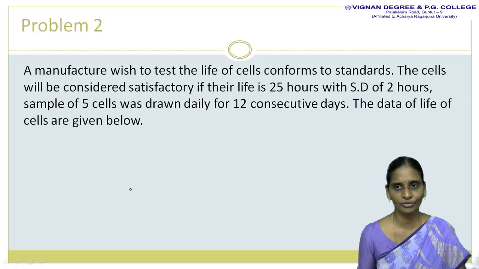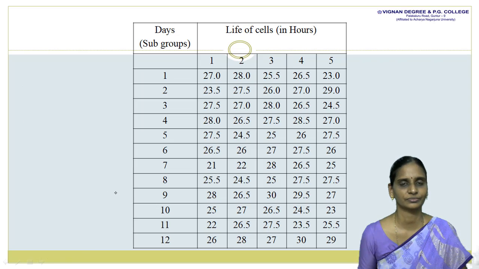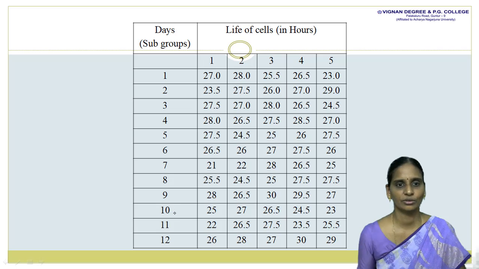The data of life of cells are given below. So this is the given data for 12 days. In each day they are collecting 5 observations. These are the life of cells, and these values are given in hours. So this is our given data.